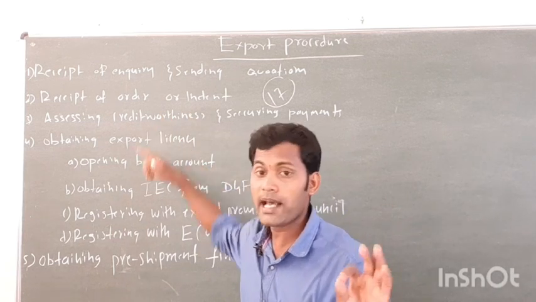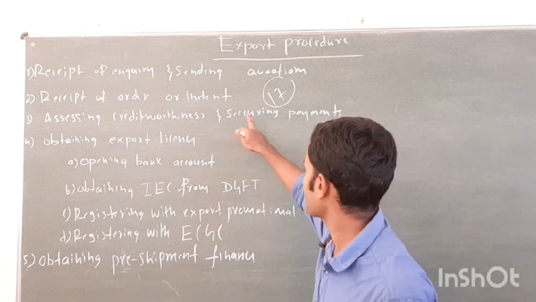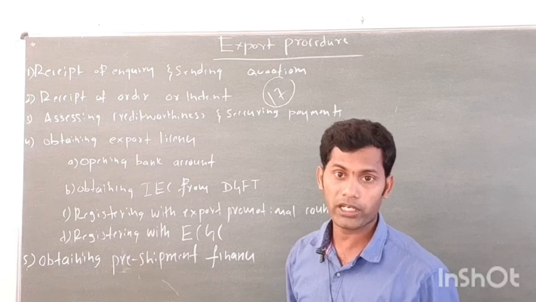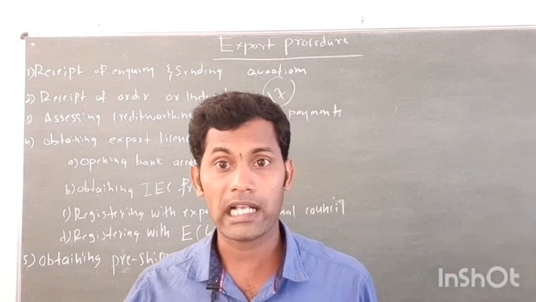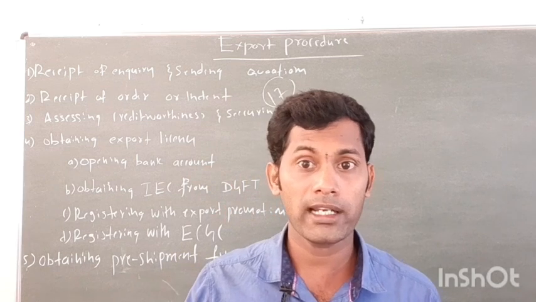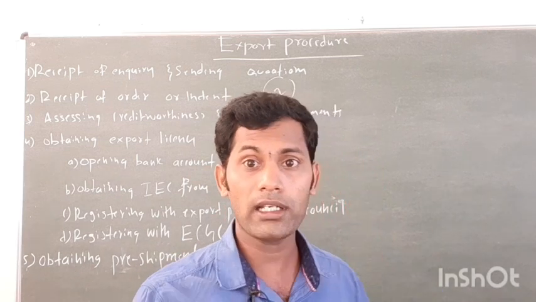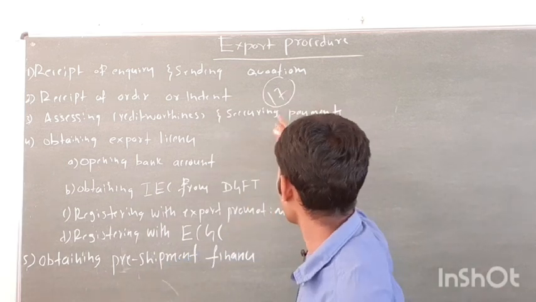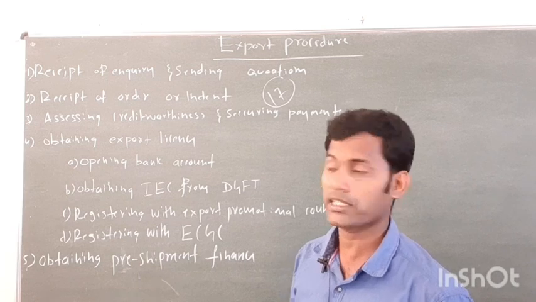Now, after the exporter has studied the creditworthiness of the importer, securing payment is very important. Before exporting the product, the exporter has to make sure that we will get the price, we will get the amount. That is what we call securing the payment. That is the third step under export procedure.